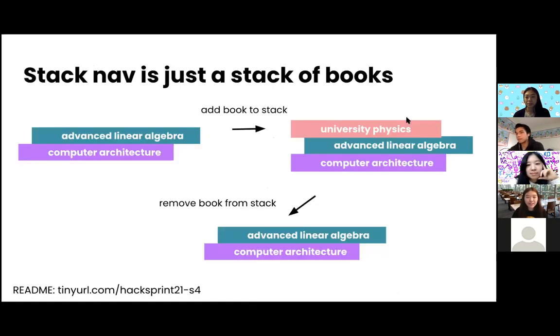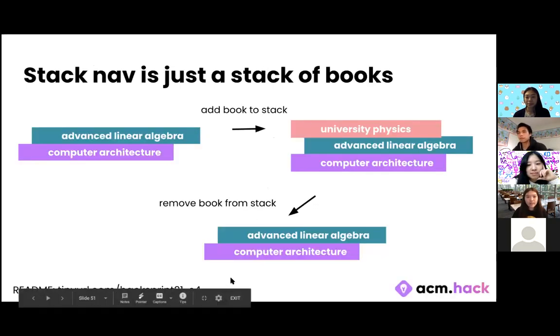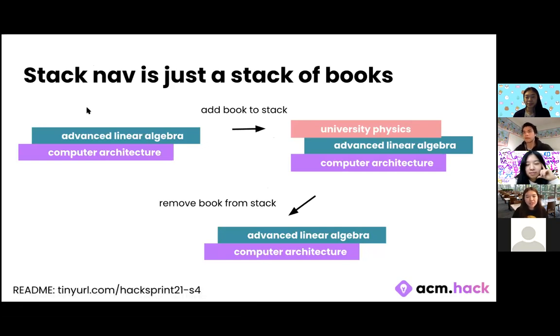Okay, so one way that we can think about this is that stack navigation is just like a stack of books. Say I have some textbooks stacked right here. I can add a book to the stack. Say I added University Physics to the stack, and then I can also remove the book from the stack.